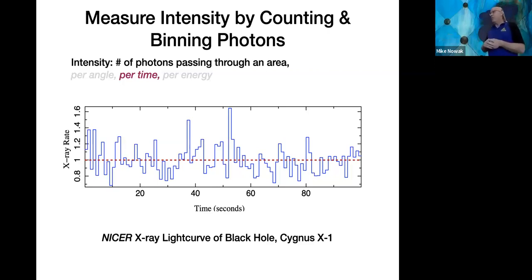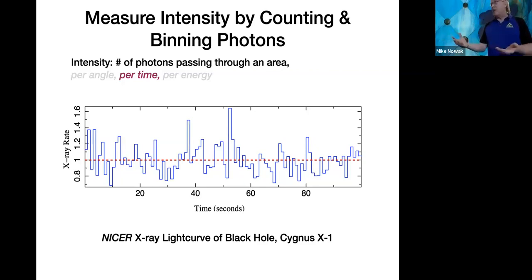What is important in this particular case is the fact that you see this going up and down. That is not noise in our detector. That's really happening in this particular X-ray source, that you can see it going up and down by roughly 20, 30, 40% in the time scale of a second.